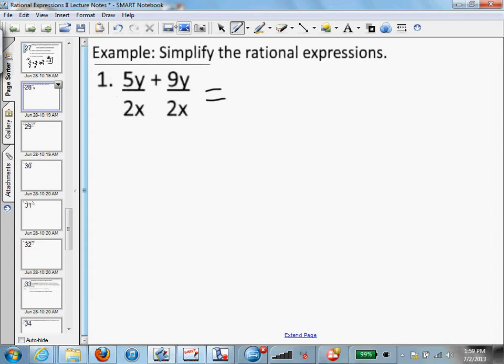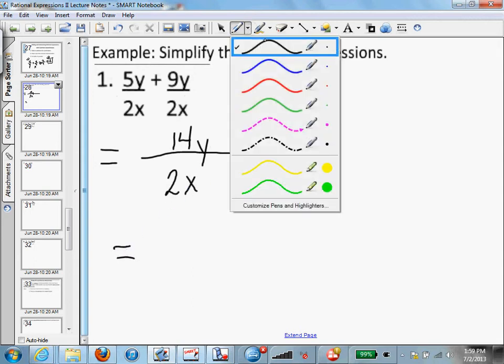So let's have our fraction bar, and on top we have 5y plus 9y. Adding those together would give you 14y, and then it says to place over the common denominator, and then note if you can simplify if possible.